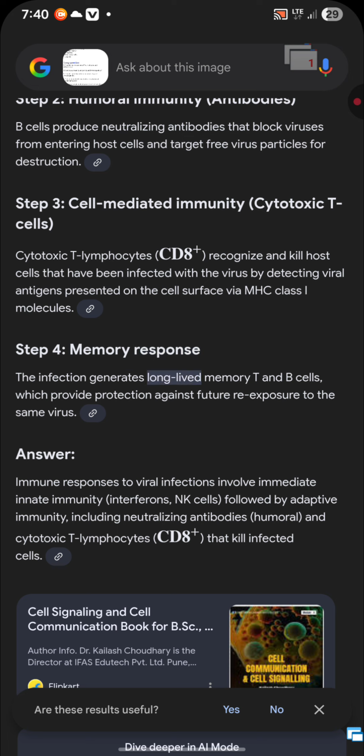The infection generates long-lived memory T and B cells, which provide protection against future re-exposure to the same virus. Answer. Immune responses to viral infections involve immediate innate immunity (interferons, NK cells), followed by adaptive immunity, including neutralizing antibodies (humoral) and cytotoxic T lymphocytes, CD8+, that kill infected cells.